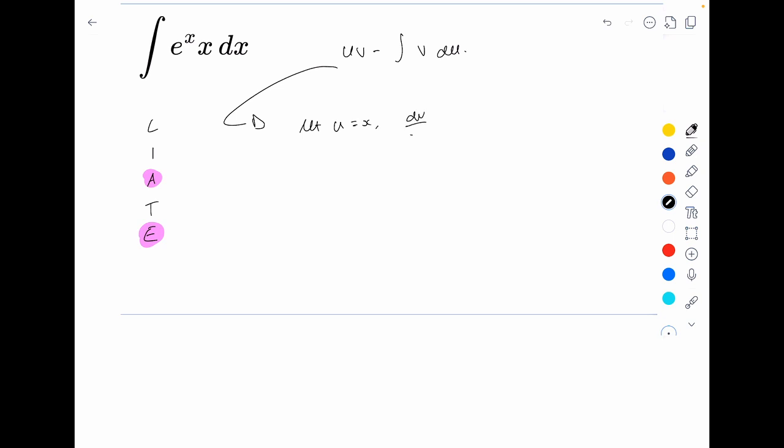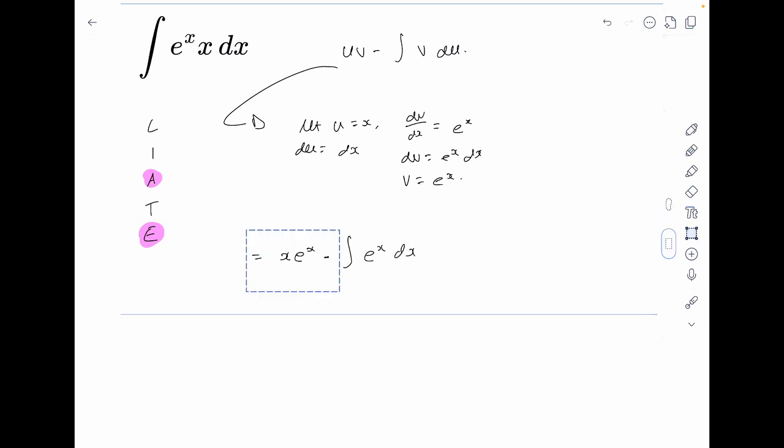We'll say let dv by dx equal e to the x. dv is equal to e to the x dx. So v is equal to e to the x, right? So then uv minus the integral v du. Okay, what do we get? Well, we get x e to the x minus the integral of e to the x, and then here du is equal to dx, so we've just got dx here.